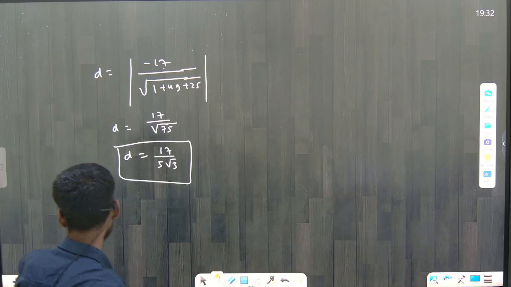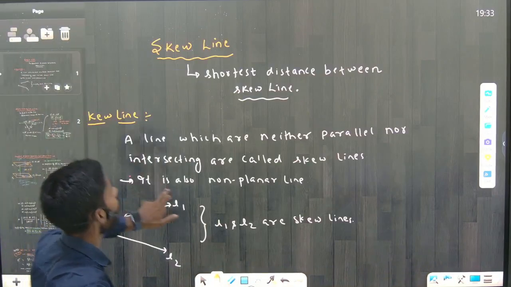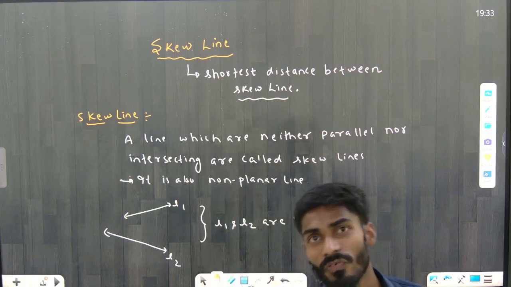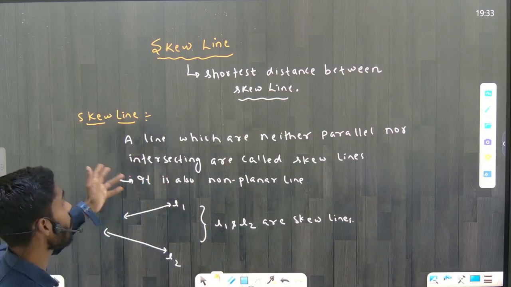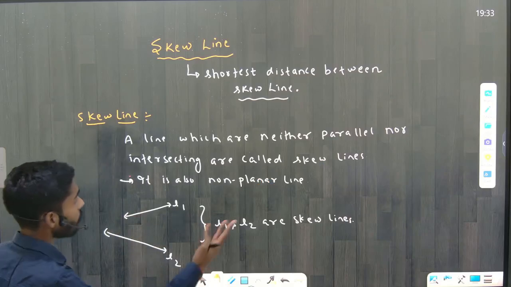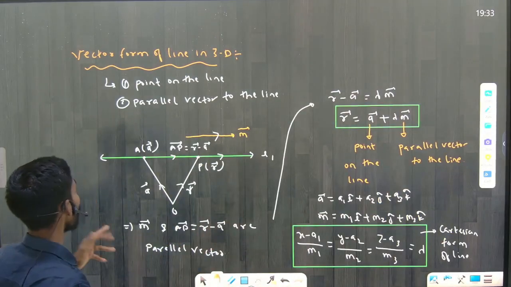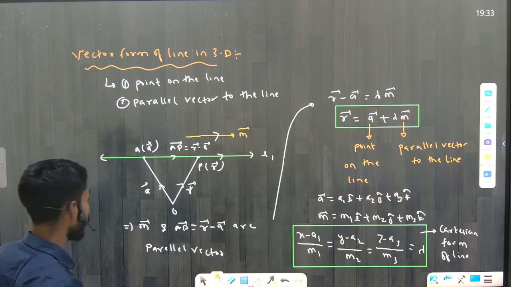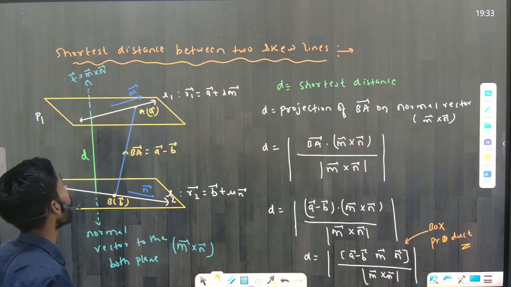So these are the concepts in skew lines and how to find the shortest distance between skew lines. Lines which are neither parallel nor intersecting are called skew lines, and they are also non-coplanar lines. And the vector form of a line in 3D: these are the formulas, Cartesian form and vector form.